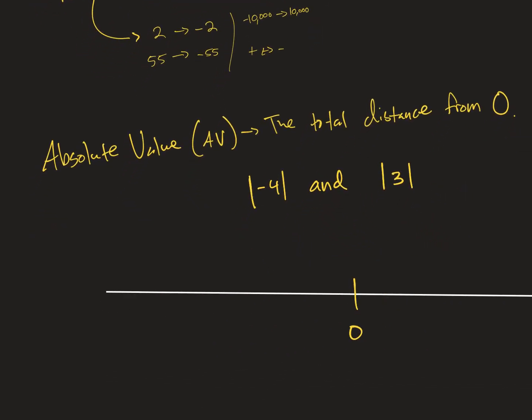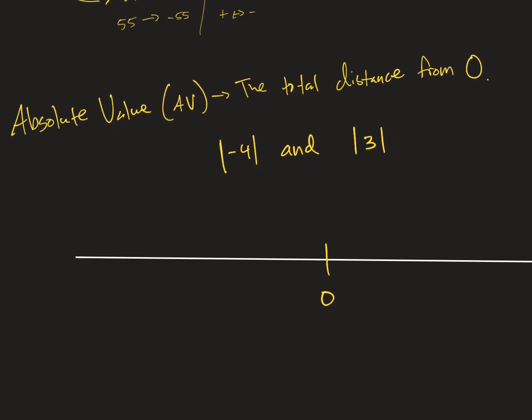This one is, again, very easy. And how we can tell we are dealing with absolute value is when we see these bars in front of numbers. And what this is telling us is the total distance from 0.